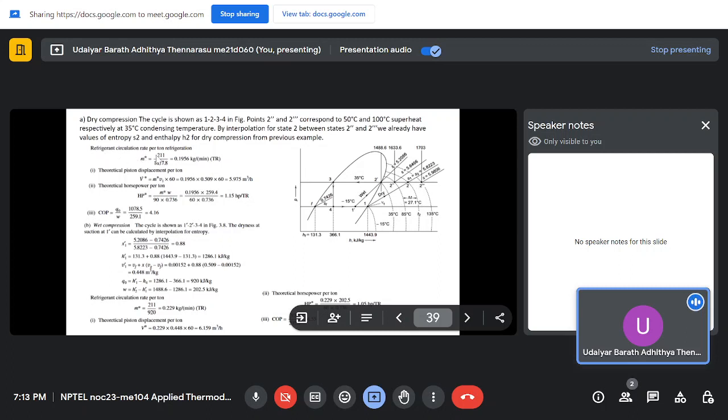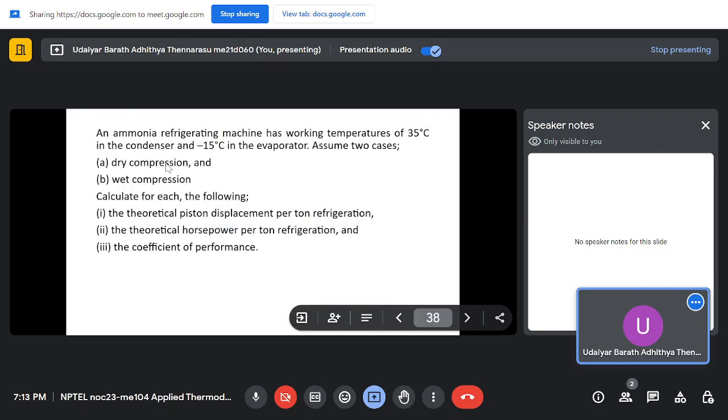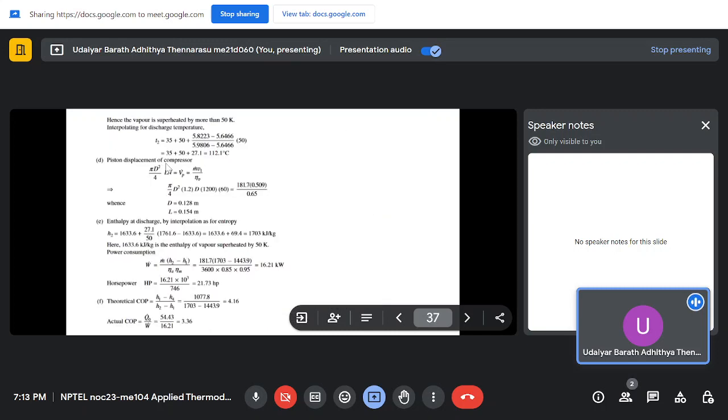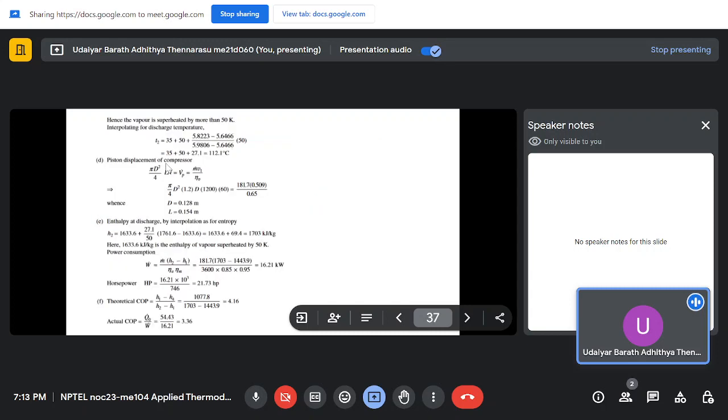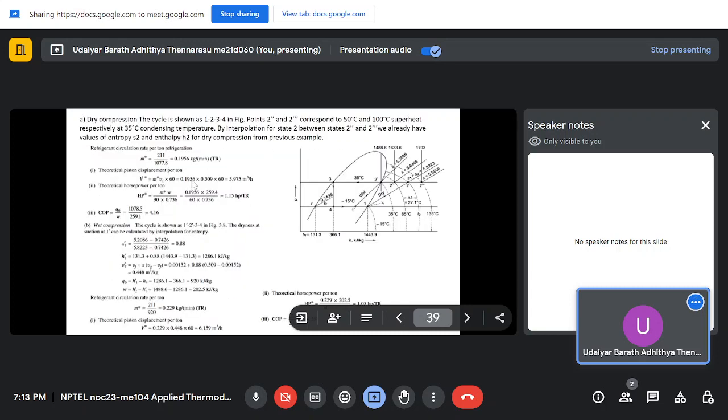So refrigerant circulating rate per ton of refrigeration is 211 divided by 1077.8. If you see, 1077.8 is your specific cooling capacity. It will come out to be 0.1956 kg per minute for 1 ton refrigeration.